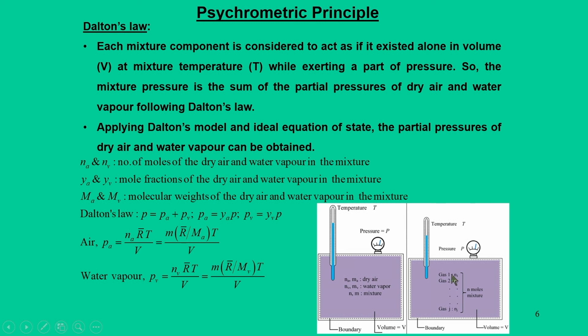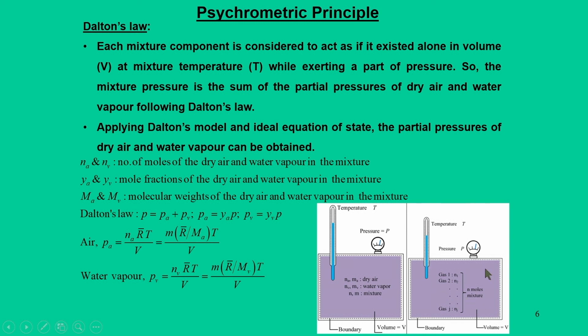So, gas 1 has N1 number of moles, gas 2 has N2 number of moles. Each gas will have its contribution to the total pressure, and we call this partial pressure, for gas 1, gas 2 and so on. Likewise, the total pressure is equal to the sum of the partial pressures of each gas, so P is equal to P1 plus P2 plus Pj plus even Pn.